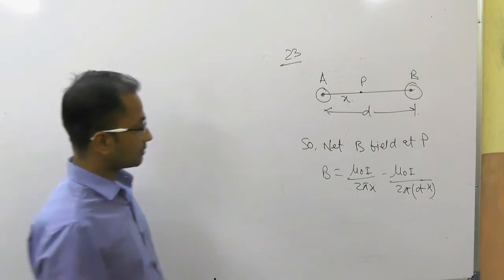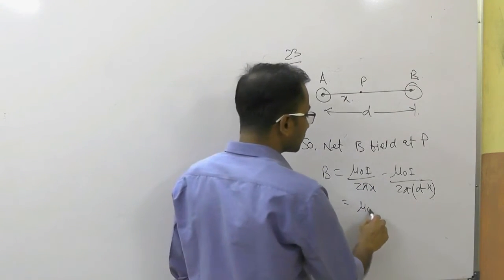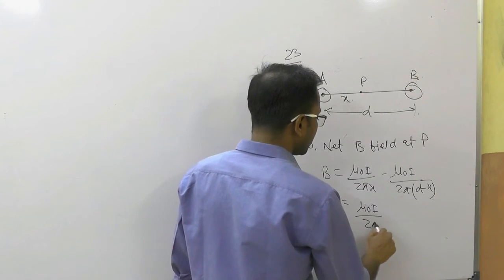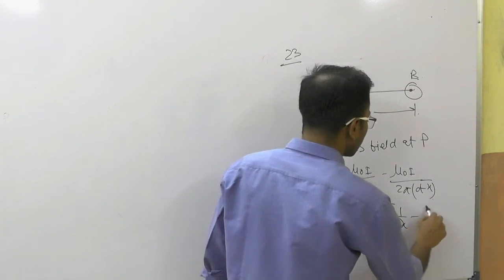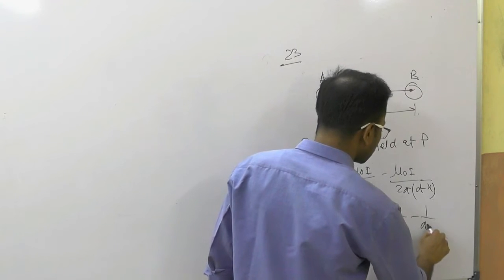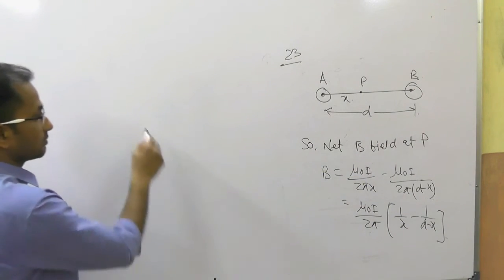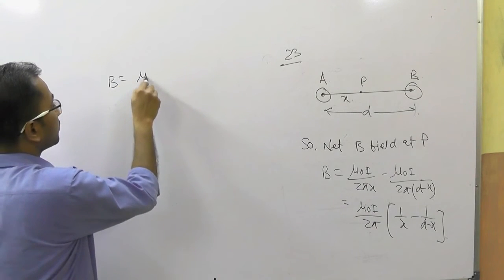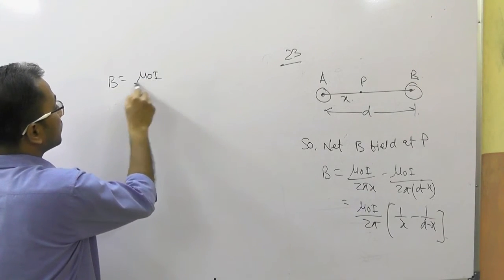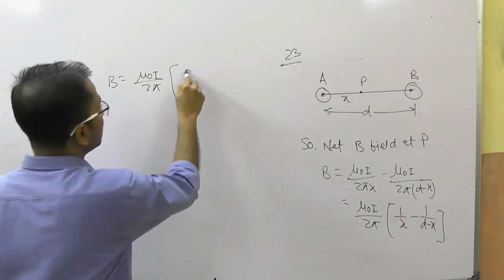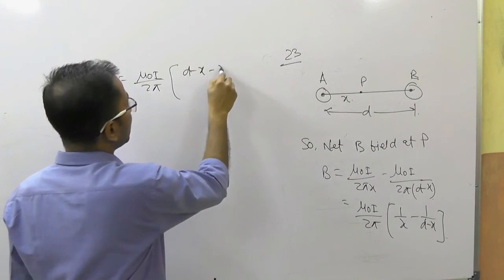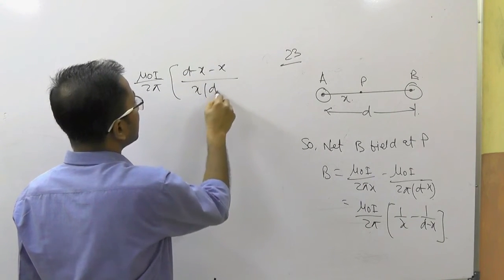Now take the common terms: mu naught I by 2 pi, 1 by x minus 1 by d minus x. So it becomes mu naught I by 2 pi, (d minus x minus x) by x(d minus x).